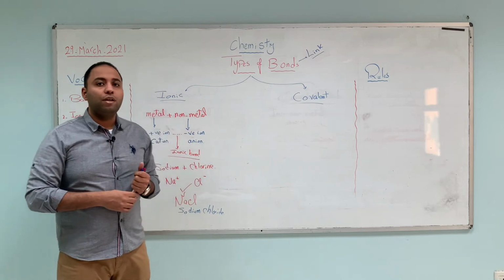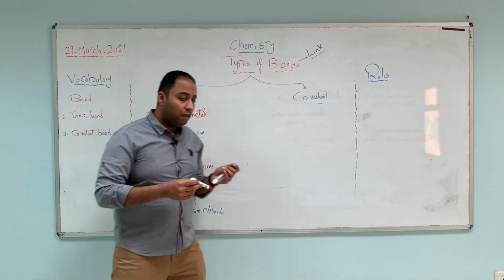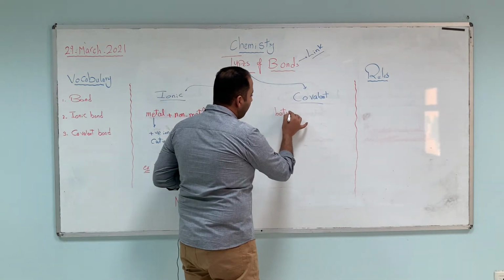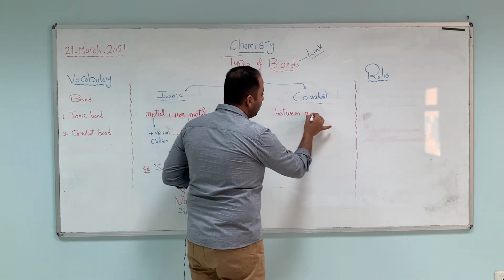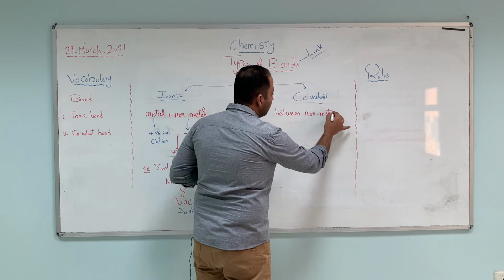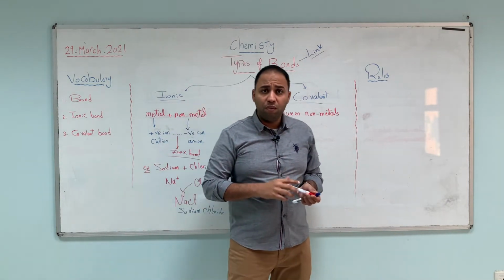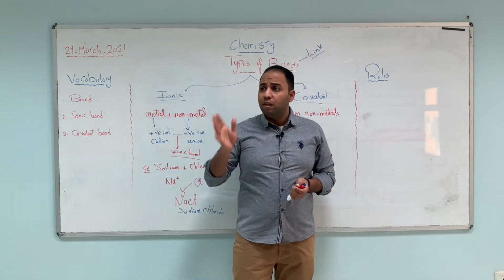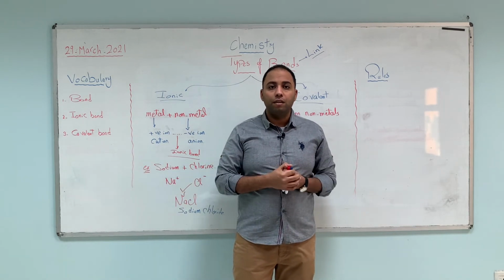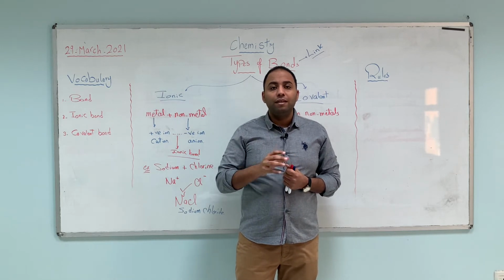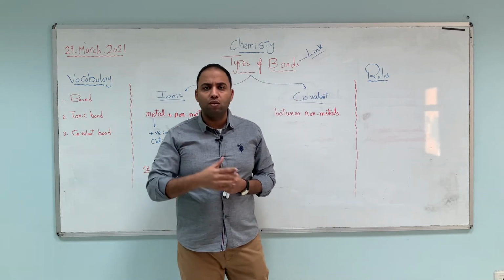After that, let's check covalent. Covalent is formed between non-metals. How can it form between non-metals? If they formed ions, they would both be negative, so how could they be attracted? Here, there is no formation of ions. Here, there is sharing of electrons.